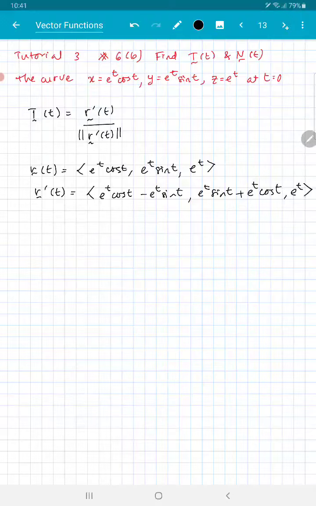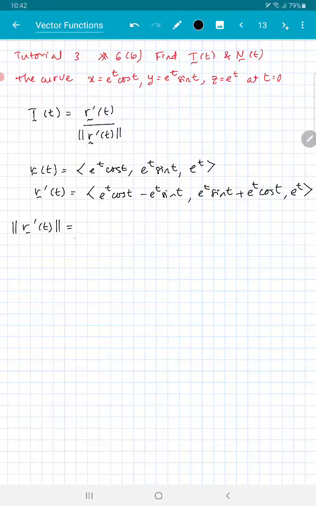Next, we need to find the magnitude of r prime. We square all the components, add them together, and then take the square root.